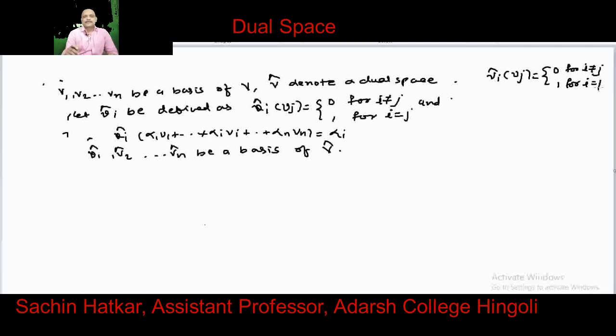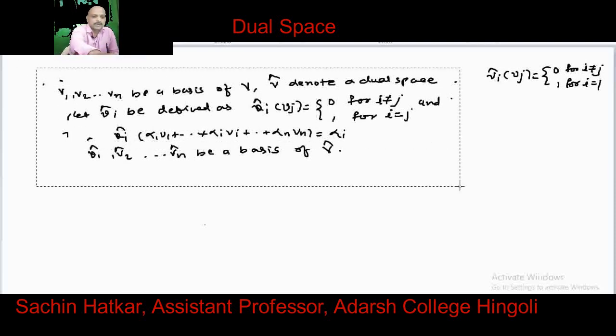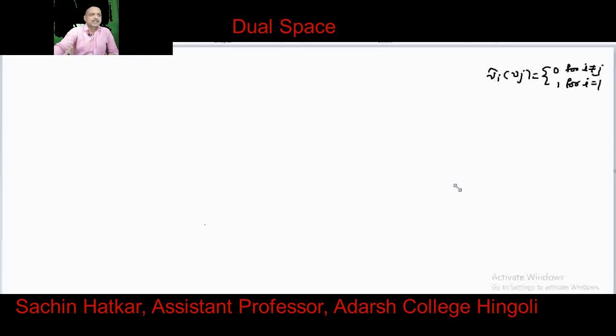This is how Vi cap treats Vj, an element of the vector space V. Now we prove one theorem regarding this second dual space. Let us see the statement of this theorem.